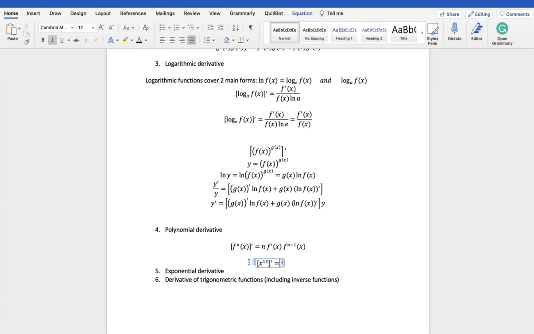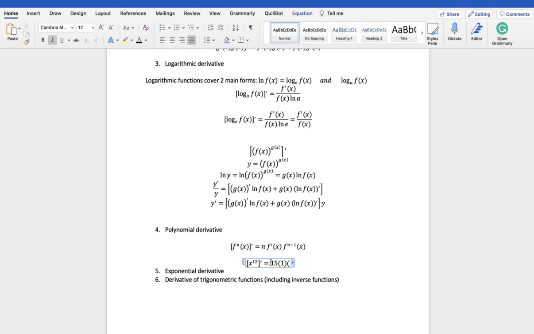That is a function, f of x. In our case, our f of x is just x that is raised to some constant 15, right? The general form tells us that we take down the 15, we multiply it by the derivative of our function, which is just the derivative of x, which is just 1, right?